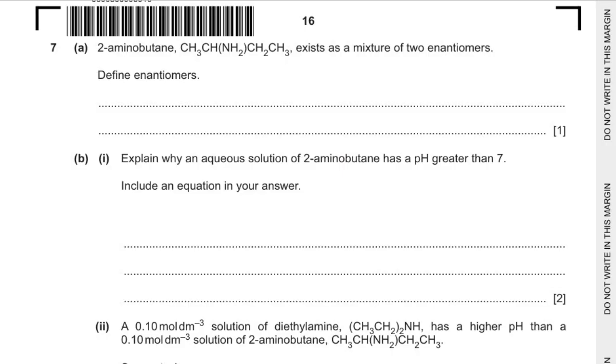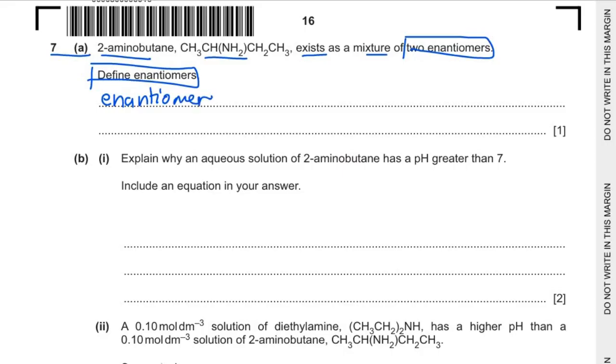So here is question 7a. 2-aminobutane, here is the structure given, exists as a mixture of two enantiomers. Now define enantiomers. So what are the enantiomers?